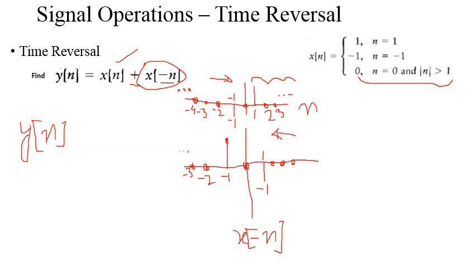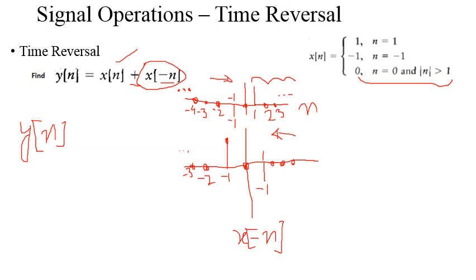So this is the plot for that, and the resulting signal y of n equals the summation of the two signals. Whether we sum them or find their product, we multiply or sum the corresponding values. In this case we need to sum them, so we will add the corresponding values.